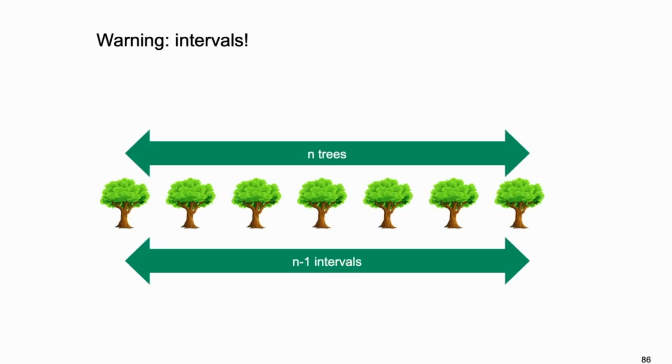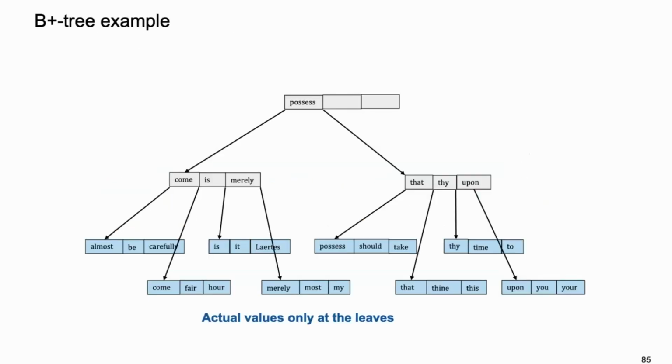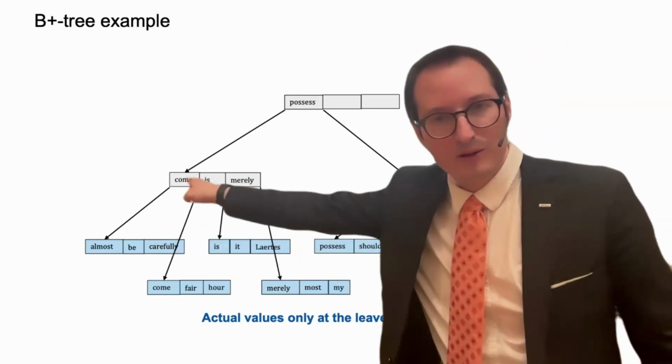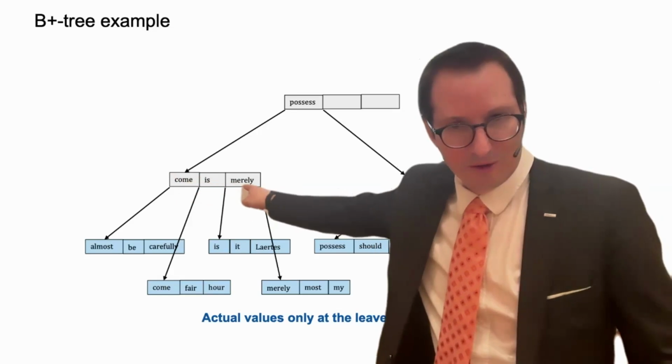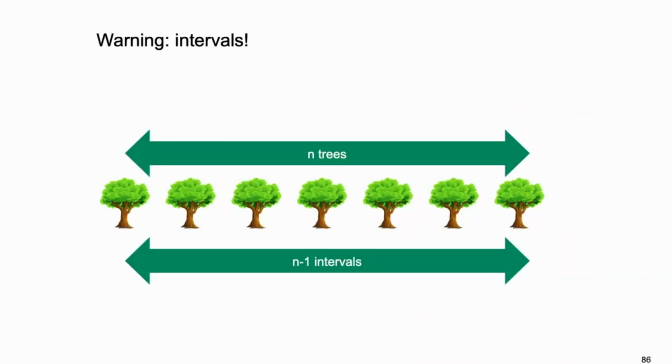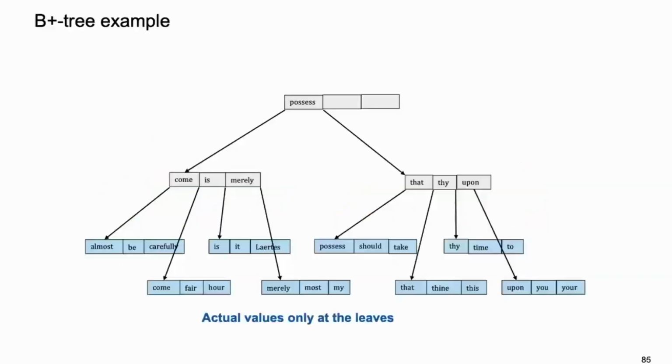One thing to be careful about is that if I tell you it has to be between 3 and 5 children, what does that tell us about the number of values that we put in there? Well, you have to be careful because there's an offset of 1. If you have n trees, do you agree that there are only n-1 intervals between the trees? It's the same for the children.